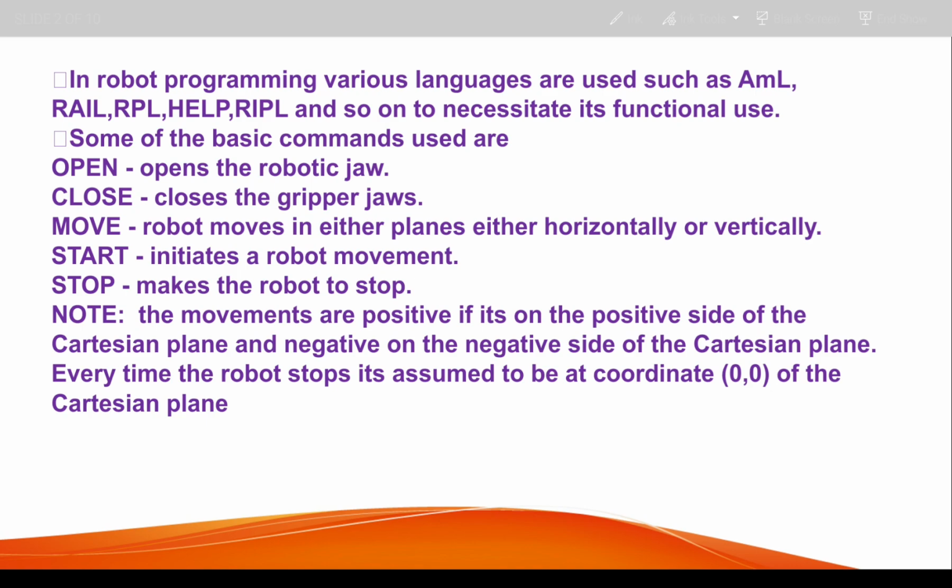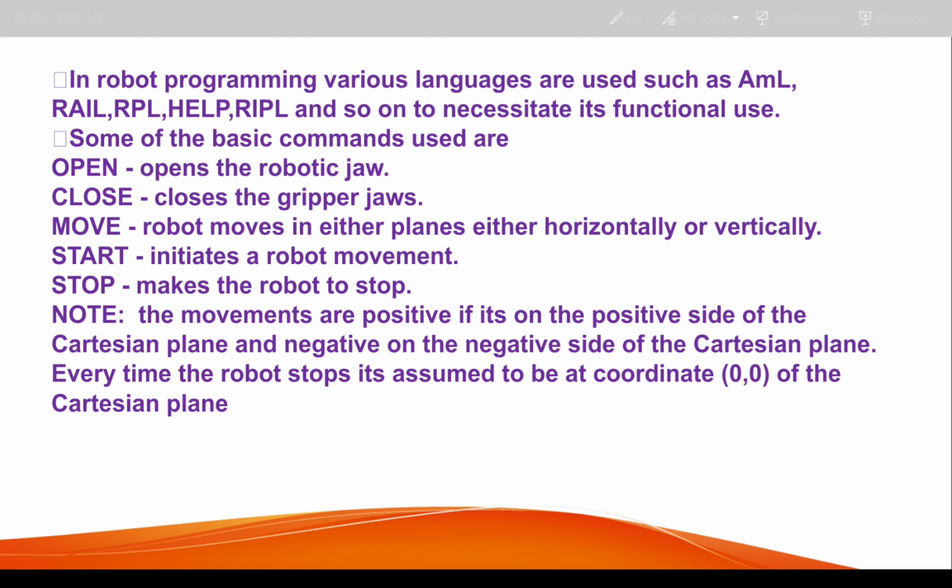Then we have a very important point to note, whereby we say the movements are positive if they are on the positive side of the Cartesian plane, and negative on the negative side of the Cartesian plane. Every time the robot stops, it's assumed to be at coordinate 0, 0 of the Cartesian plane.